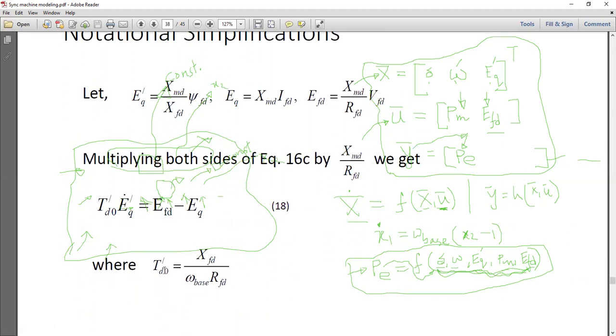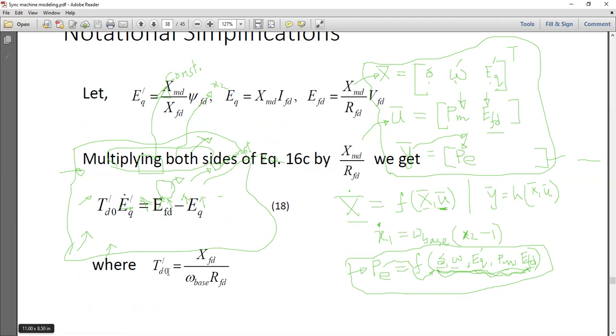You see, TDO dash is XFD divided by omega base RFD. So what is XFD? It is the reactance of the field circuit coil. RFD is the resistance of the field circuit coil. Omega base is the base angular frequency, which is a constant. So TDO dash is some function of some real quantities: coil inductance in the field circuit and coil resistance in the field circuit.